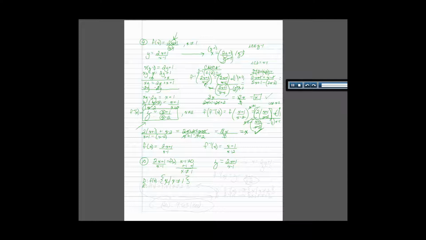Now I'm going to interchange the x's and the y's, so that becomes x equals 2y plus 1 over y minus 1, which we already did in the last exercise in example 9, and we know that f inverse, if you solve this now for y, turned out to be y equals x plus 1 over x minus 2.